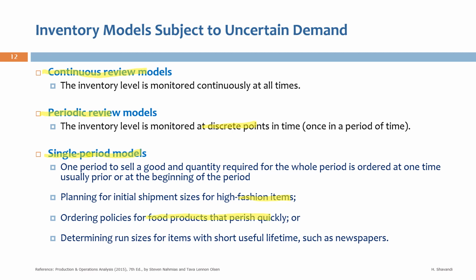Or any item that has a short useful life, like newspapers. For these products, we can apply the single period model, which is our first model in this chapter, called the newspaper or newsvendor model. So in the next part, we will start the newsvendor model. Okay, thank you.